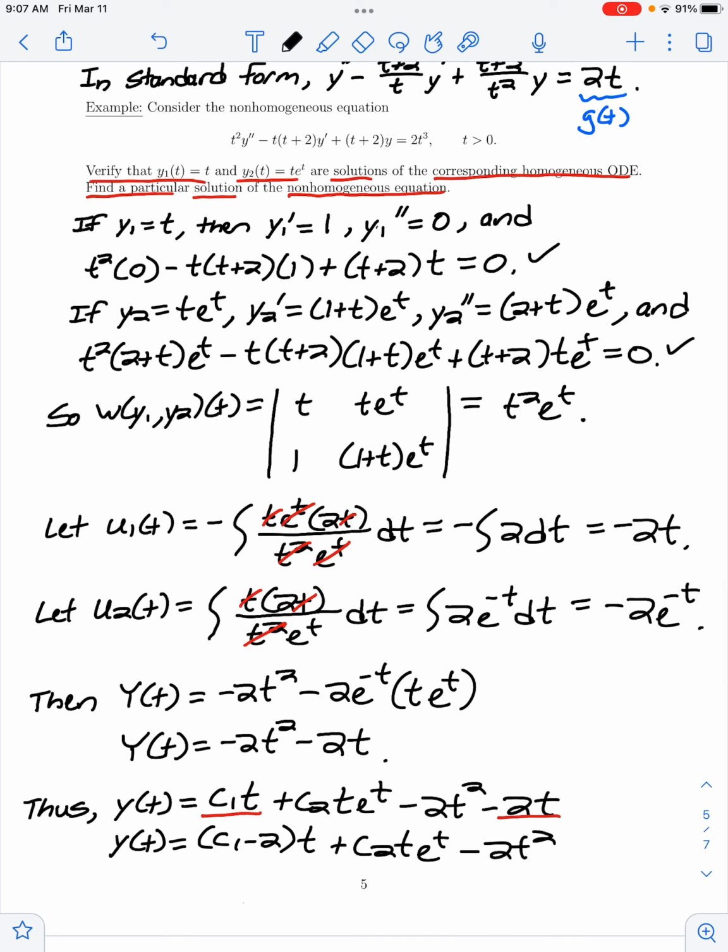And since c1 is an arbitrary constant, c1 minus 2 is just some new arbitrary constant. So we could really write this as c1 t plus c2 t e to the t minus 2t squared.